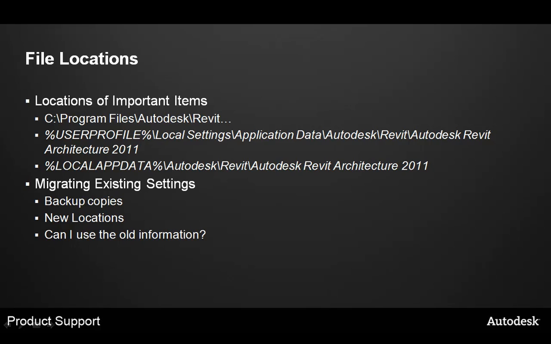For example, in Revit 2011, the keyboard shortcuts.txt file that used to exist in the Revit program directory no longer applies. With the new keyboard shortcuts dialog, Revit now uses a keyboard shortcuts.xml file for this information.